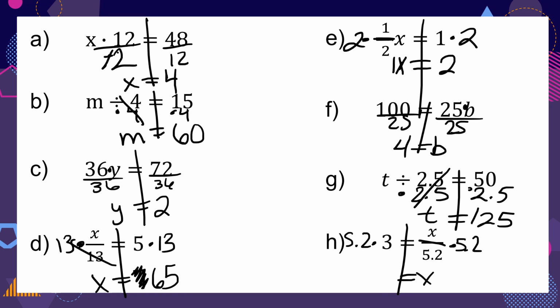We got 15.6. All right, so I wanted to zoom through these examples to show you the expectation of the amount of work, to show you that you can have fractions, decimals, large numbers, small numbers. All of those type of problems are what you're going to see in class.